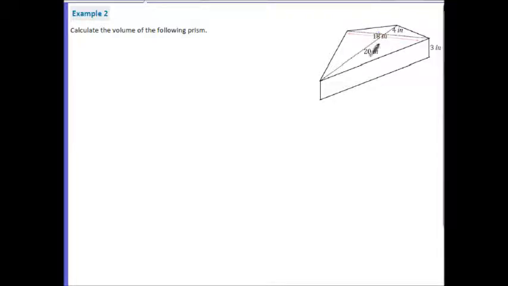So let's number these. Let's call this main triangle in here triangle number 1, and we'll call this one in here triangle number 2. Because we're dealing with triangles, the volume of a triangular prism is going to be base times height. The capital B is the formula for area of a triangle.